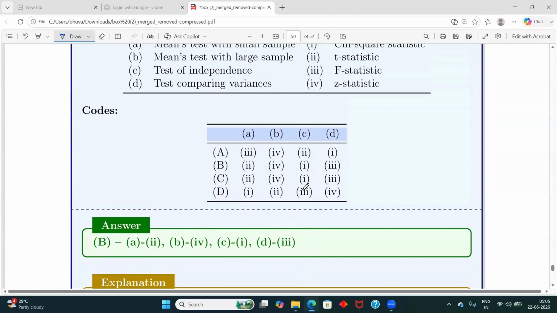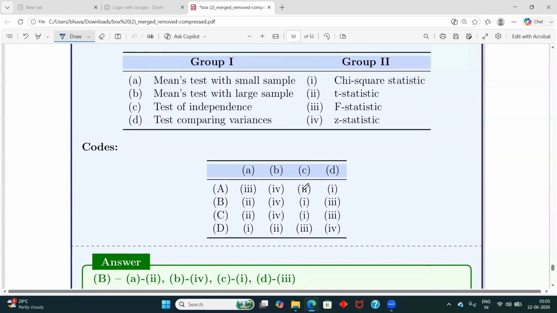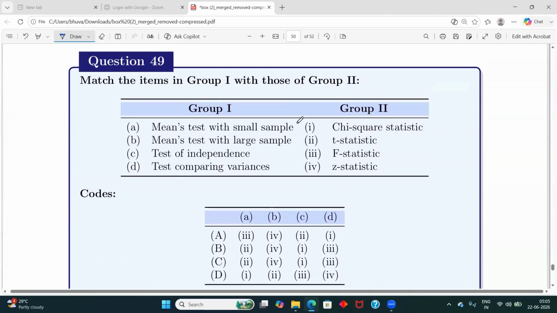The correct option matches means test for a small sample with T statistic, large sample with Z statistic, test of independence with chi-square. So first we look at the code.